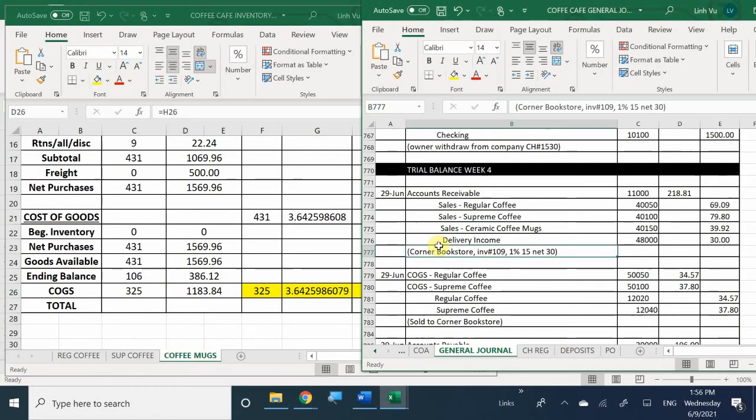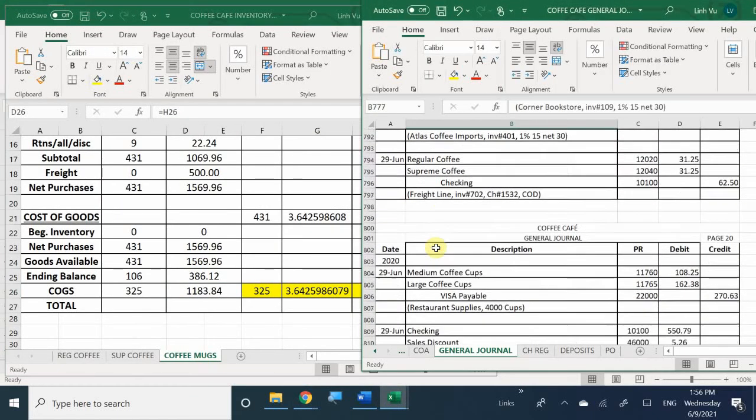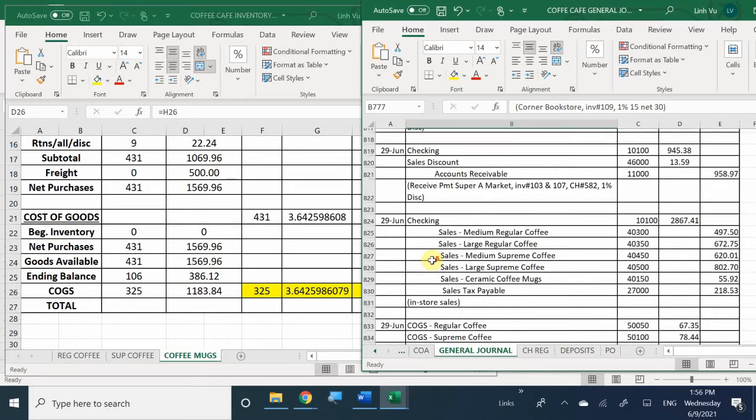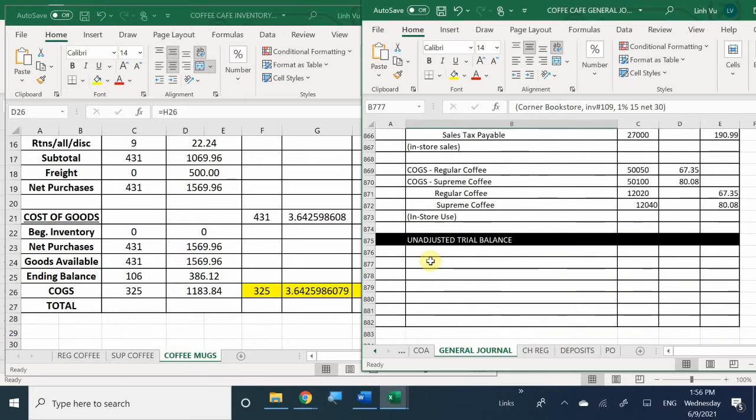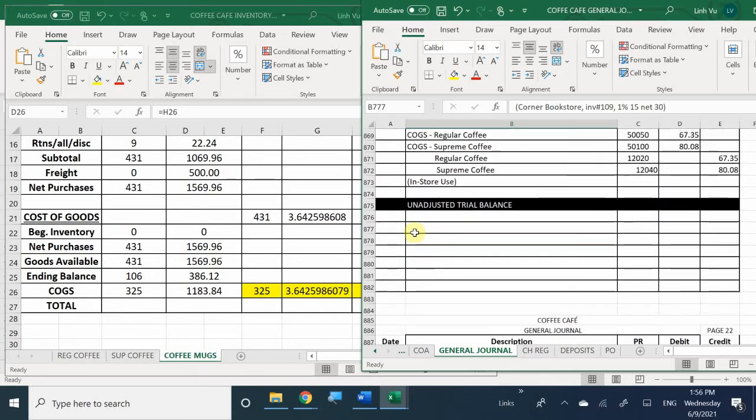Cost of goods sold? No. Hold on. I don't know where I'm at. Okay, here. Let me see. Hold on. You should just have enough.